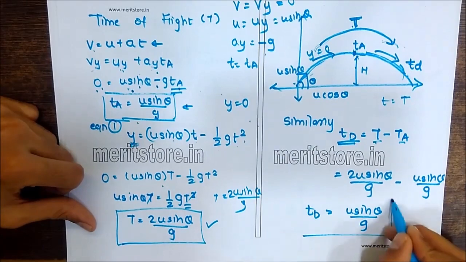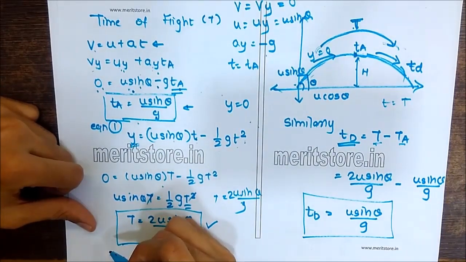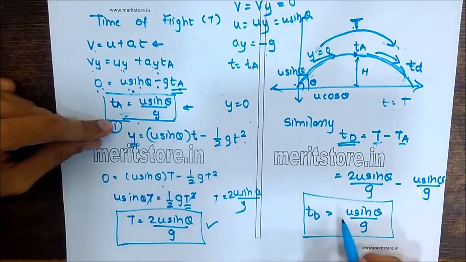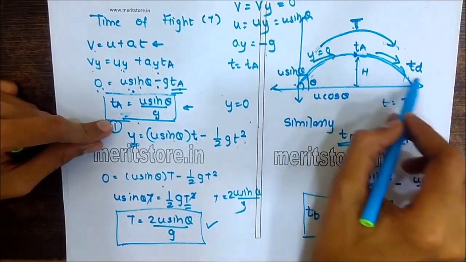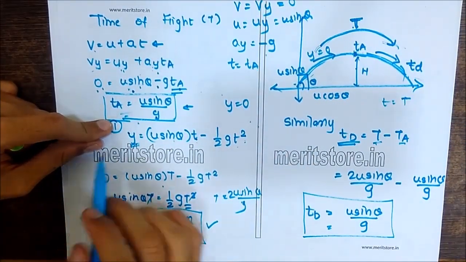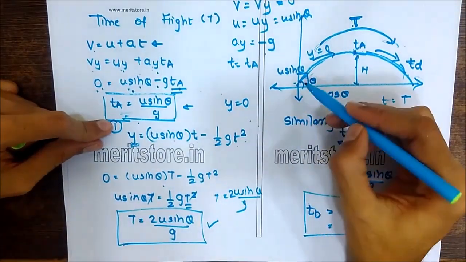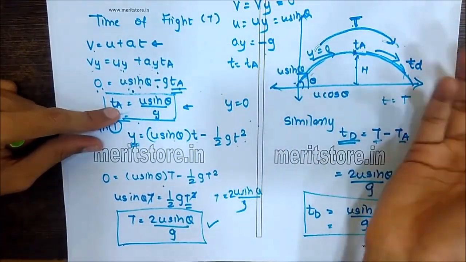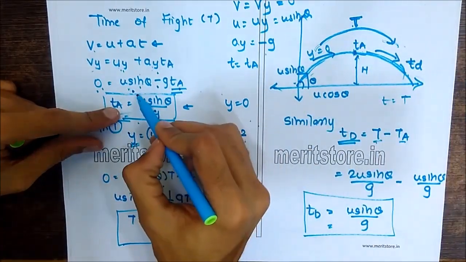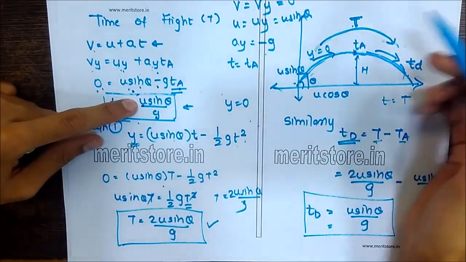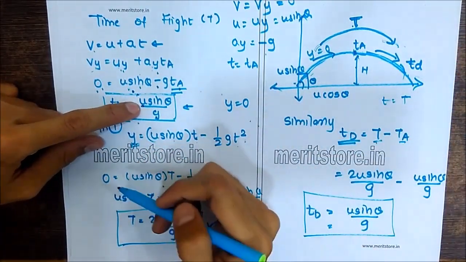Subtracting both of them, we get TD equals u sine theta upon g. So the time of ascent and time of descent are both equal, and they both depend on the angle and the initial velocity.